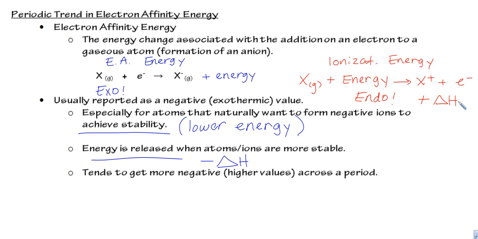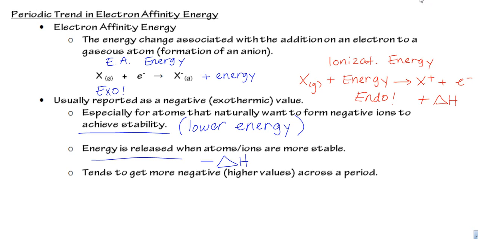And we usually reference electron affinity energy when we're referring to atoms that become more stable when they gain electrons. And again, if they're more stable, they should be at a lower energy level, meaning they release energy.